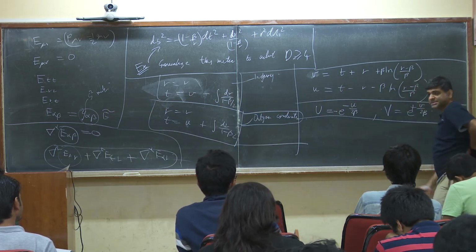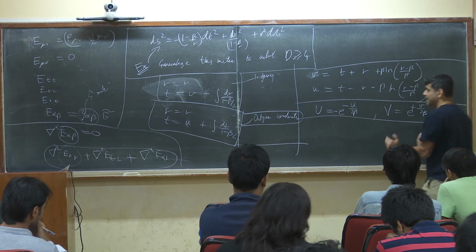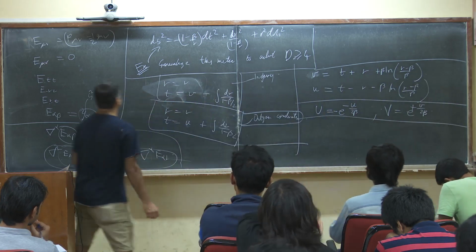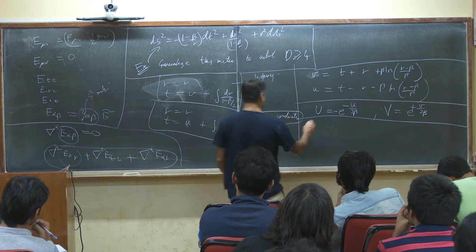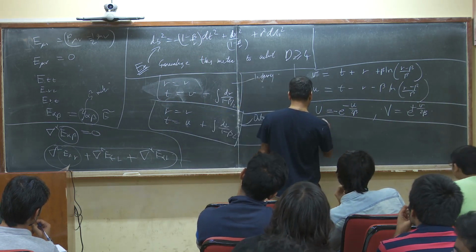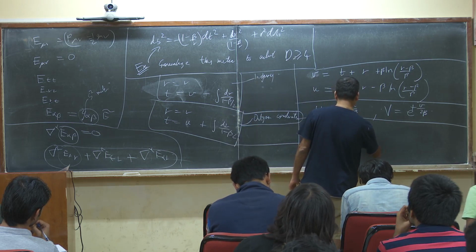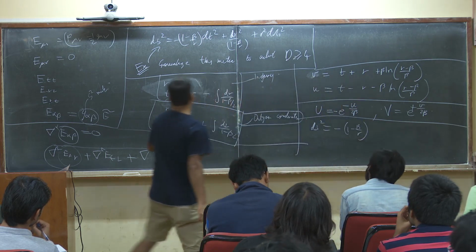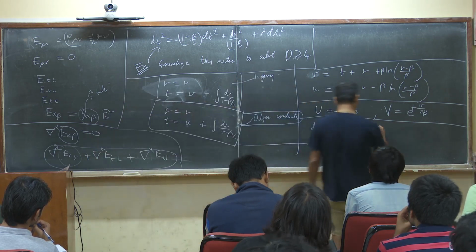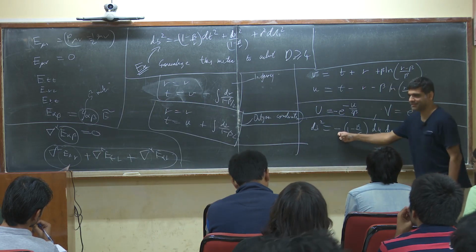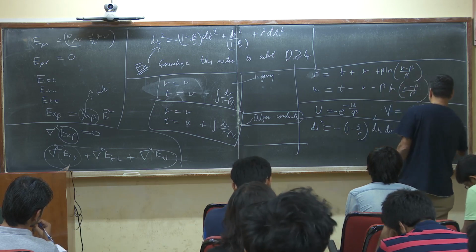What was the point of this 2 beta, and the relative sign? The point was that in the capital U and capital V coordinates, we got ds squared equal to minus (1 minus beta by r) into dU dV plus r squared d omega 2 squared.